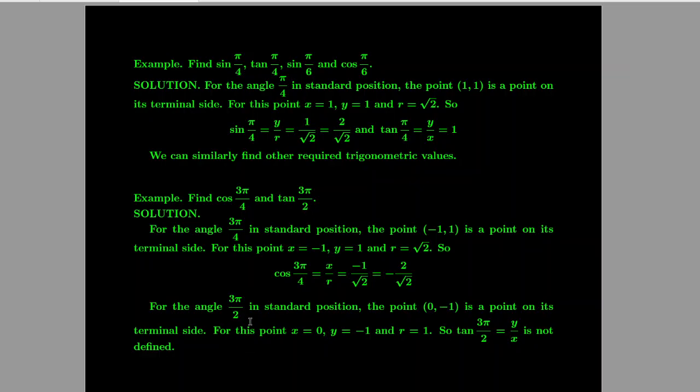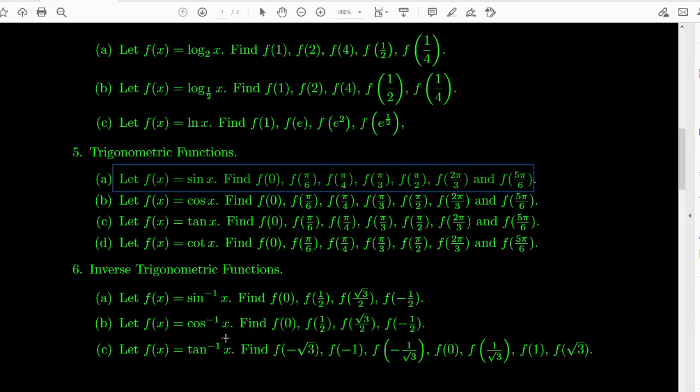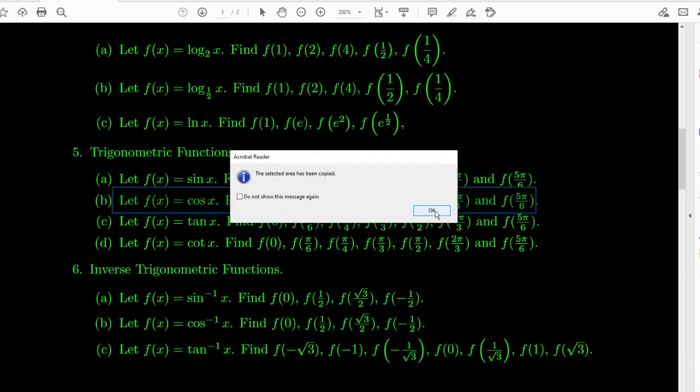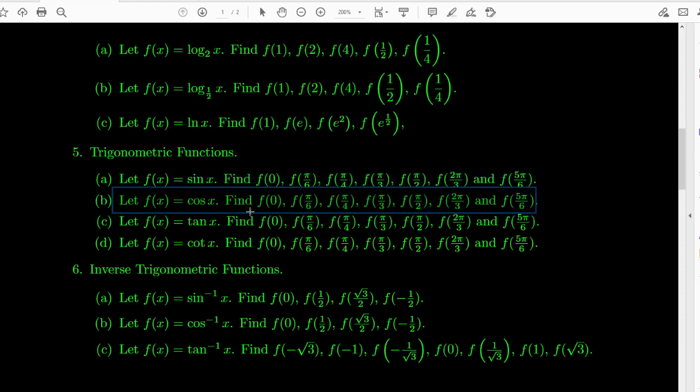I think you got the idea already. For cos of x, I'm not going to evaluate the function.